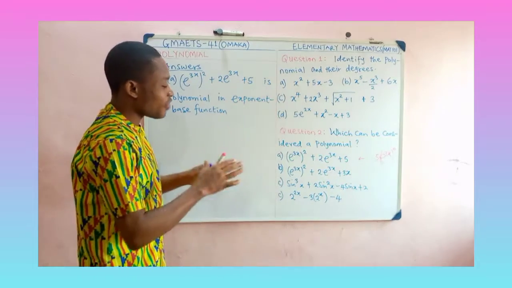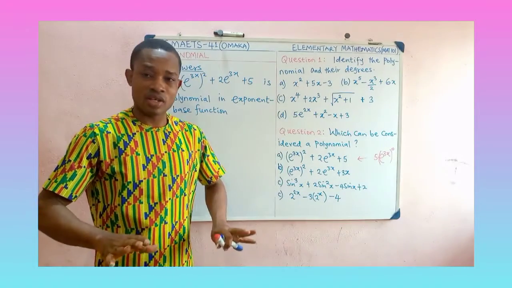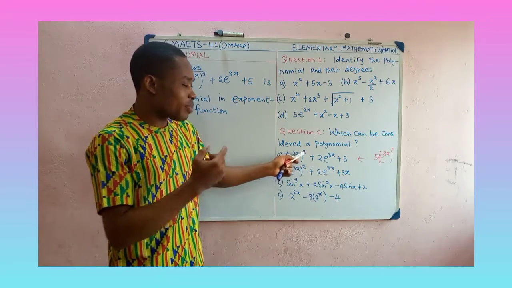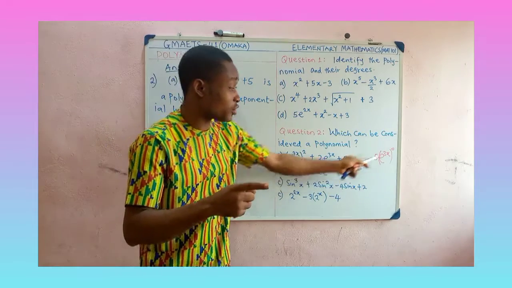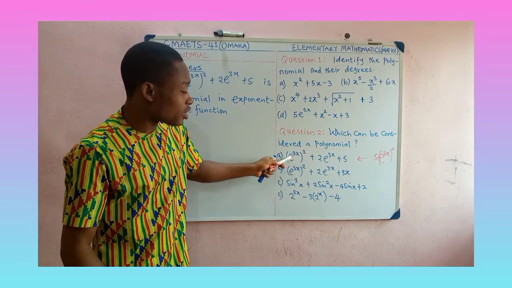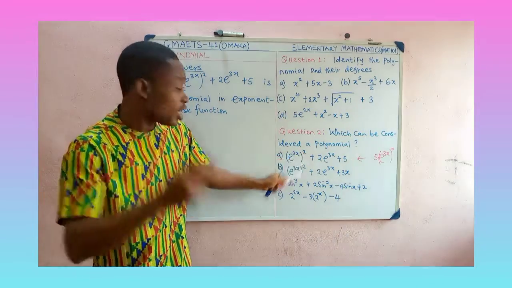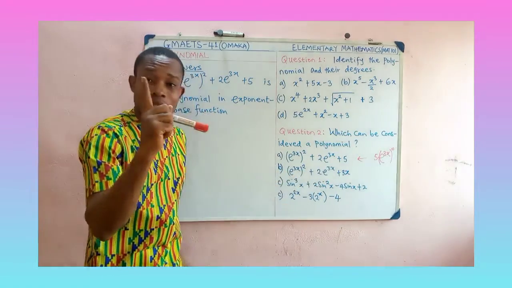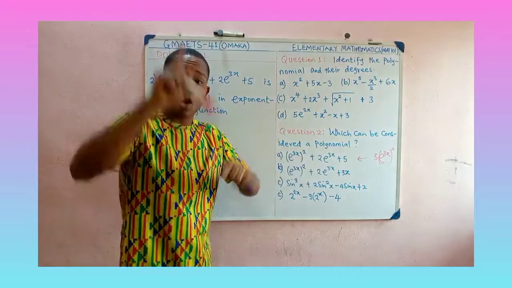So now, having identified that the bases are exactly the same, you can see exponential 3x, exponential 3x. Then look at their powers. The power of this exponential 3x here is 2. Then look at this one. The power of exponential 3x here is 1. This is exponential 3x, all raised to the power 1.